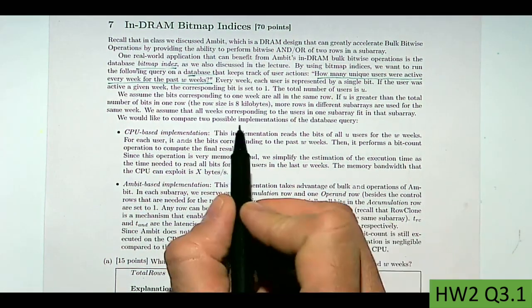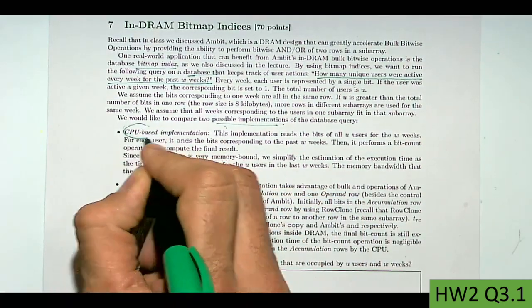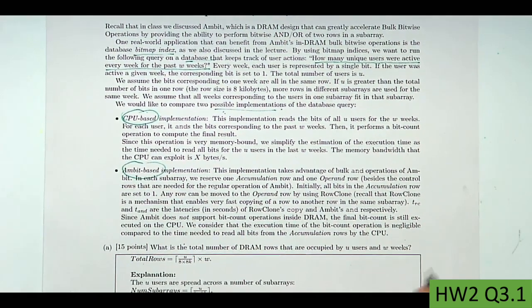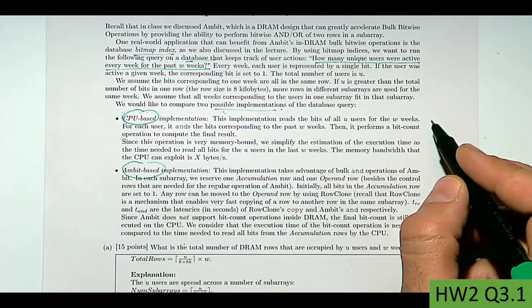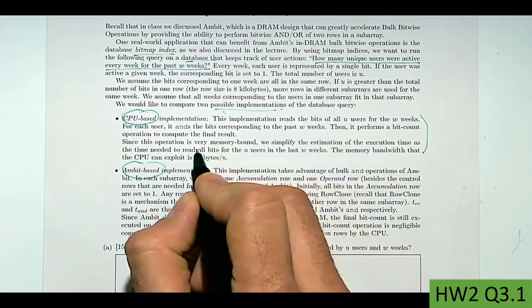We have to compare two possible implementations. One of them is CPU-based. The other one is Ambit-based. In the case of the CPU-based one, we need to make very basic or simple assumptions on how to compute the throughput of this implementation, because this is a very memory-bound operation.